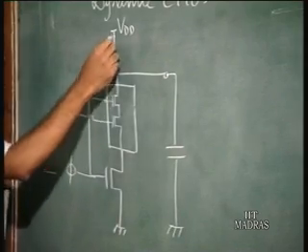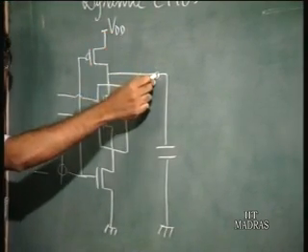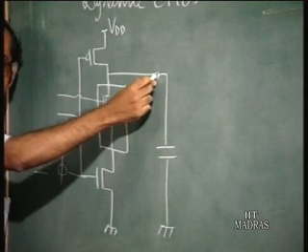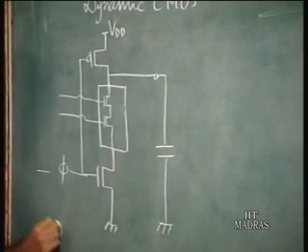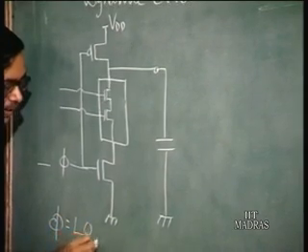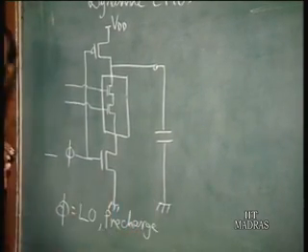What happens is the output voltage is charged to VDD. This is called the pre-charge phase. So, when phi is low, you have the pre-charge phase, you are pre-charging the output.